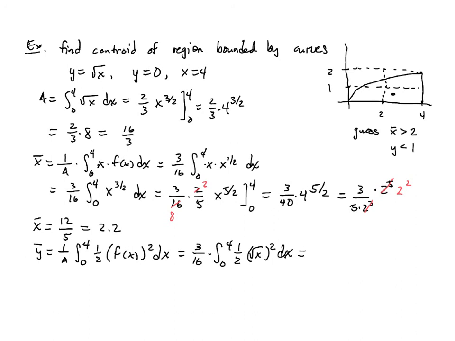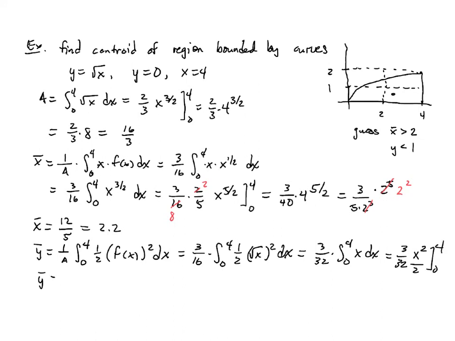I'll bring out the 1/2, and so we get 3 over 32 times the integral from 0 to 4 of x dx. So that's 3 over 32 times x squared over 2, evaluated from 0 to 4.